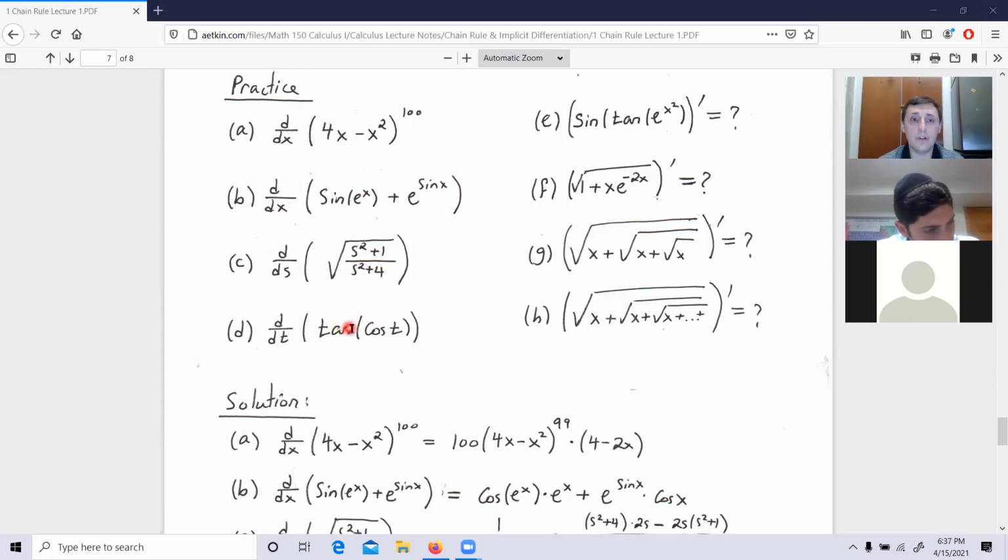The derivative of tangent is secant squared, right? So it's very simple. The derivative here is secant squared cosine t times the derivative of cosine, which is minus sine t. You can write it this way if you want.